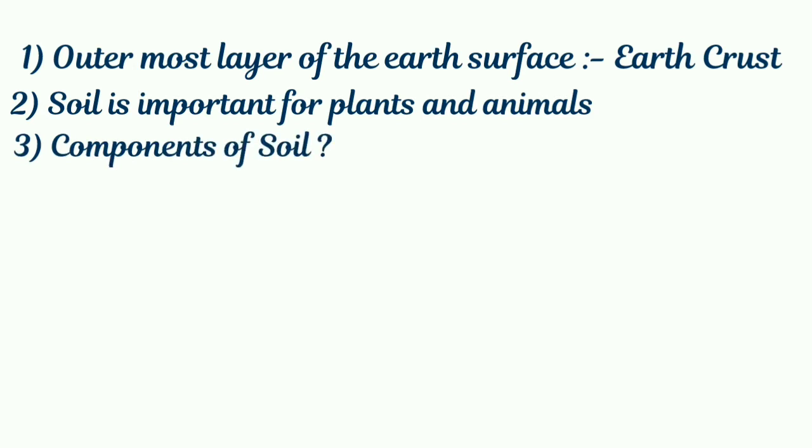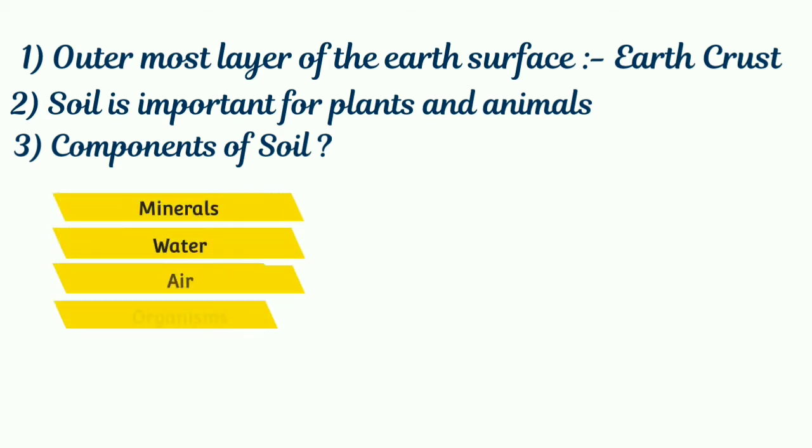We have learnt about the components of soil: minerals, water, air and soil organisms. And there are various advantages of them to the soil. We have discussed the uses of minerals, water, air and soil organisms.